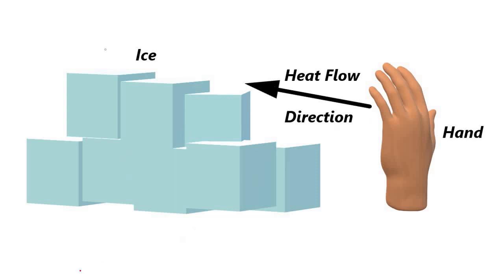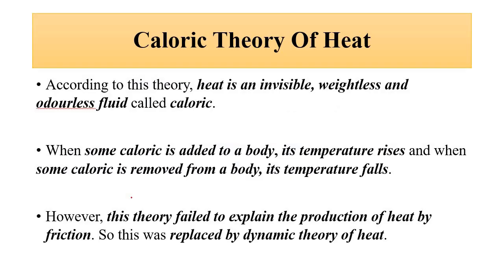But there is one major drawback to this whole thing. We know that when we rub our hands together vigorously, we feel warm. In winters, in order to give us some sensation of warmth, we rub our hands vigorously and place them on our face or any part of the body.